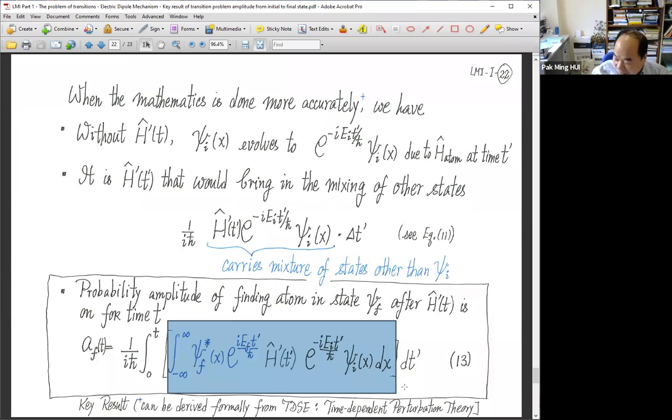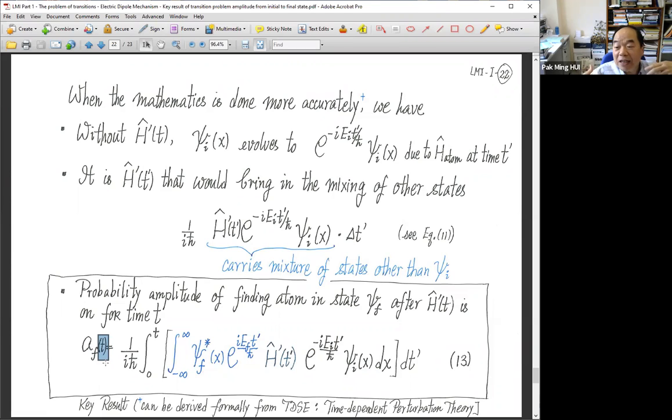All right, now, the question we want to ask is the probability of finding the system to be at some other state f at time t. That is to say, time t after the perturbation acts on the atom. So we must add the effects bit by bit together.